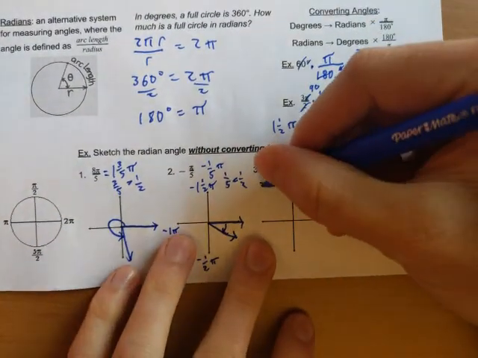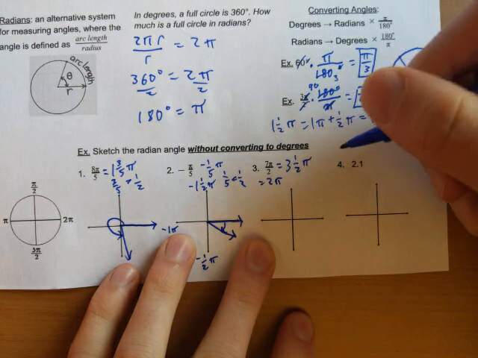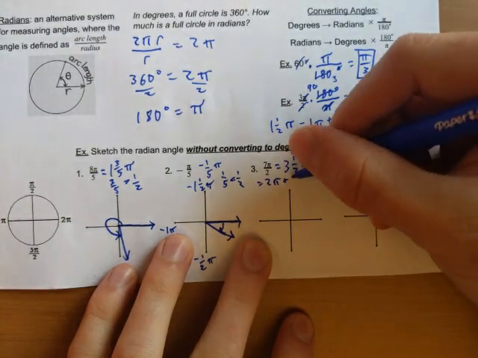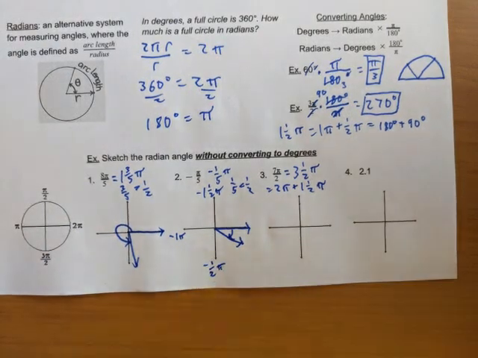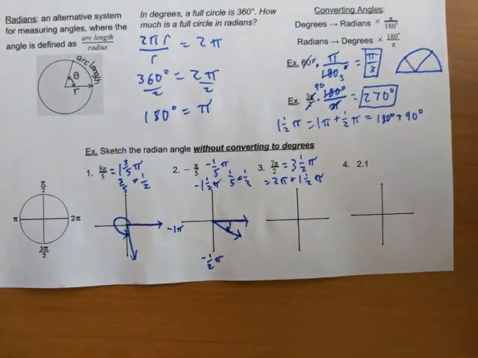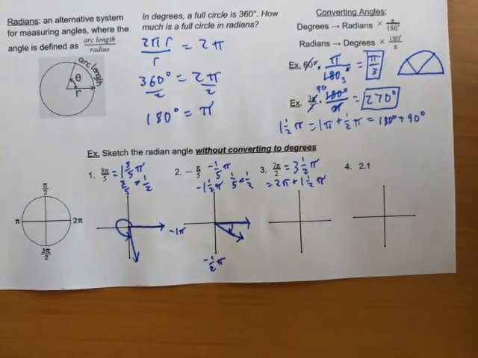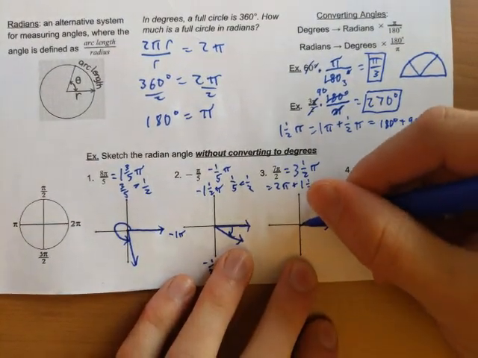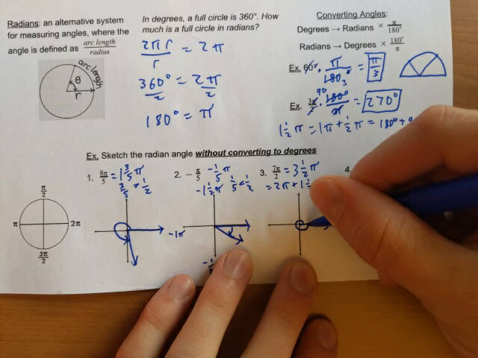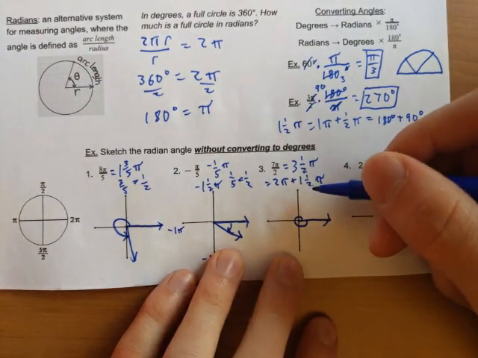So right here, what we've got for 1 full circle, we take out the 2 pi, and then the extra is 1.5 pi. So it's not 3 full circles here, it's just 1 full circle, and then an extra 1.5 pi. So I'm going to start here, do a full circle for the 2 pi, and then we're going to go an extra 1.5 pi.